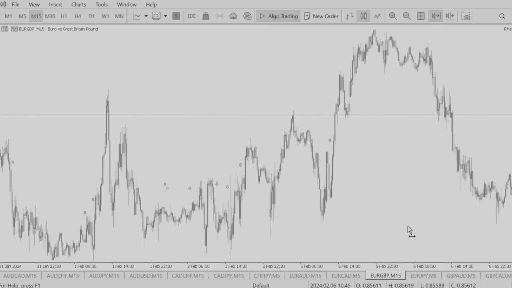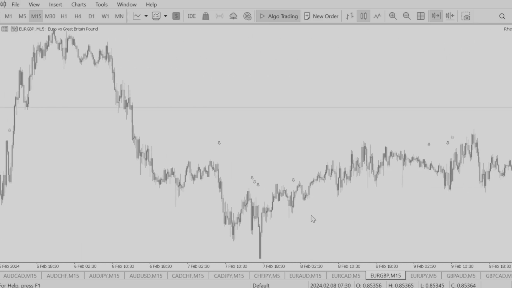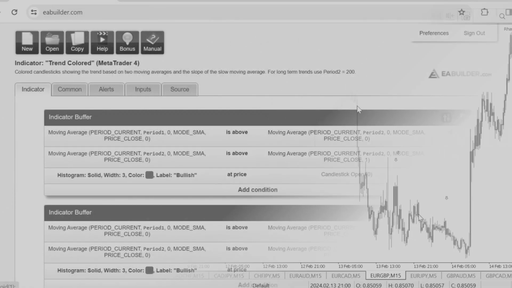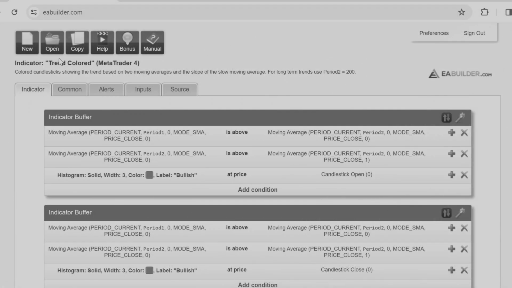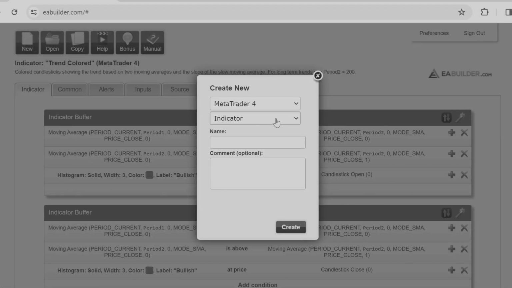You don't need any experience in computer coding or anything like that. If your strategy is primarily based on indicators, support, and resistance, then EA Builder can definitely help you. In addition to that, they give you the option to add your own code to your software.